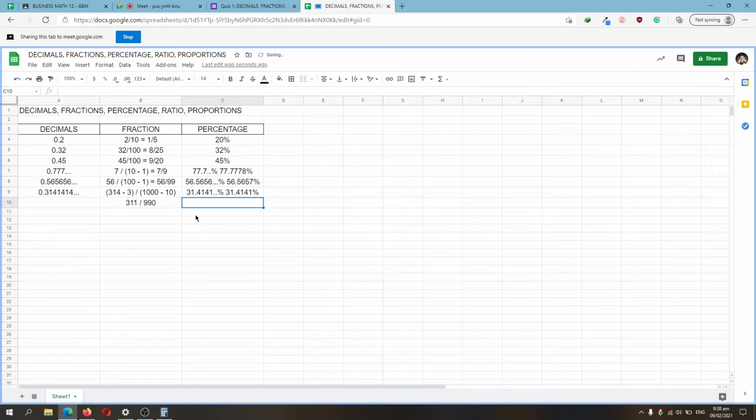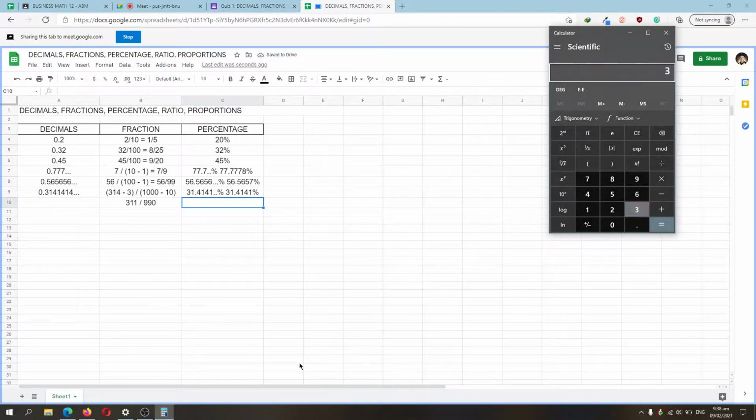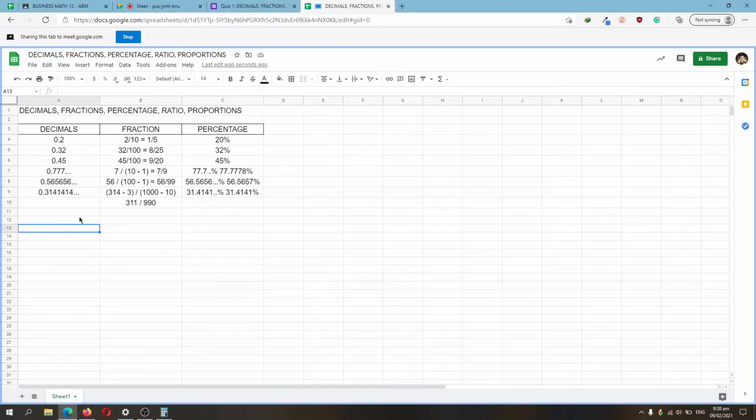Ayan. So, tingnan natin kung tama. 311 divided by 990, that is 0.314. So, ganun yung ating pag-convert from decimal into fraction, then fraction to percentage, or pwede namang vice versa.